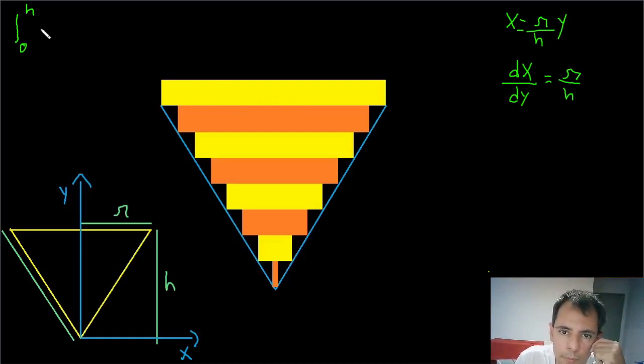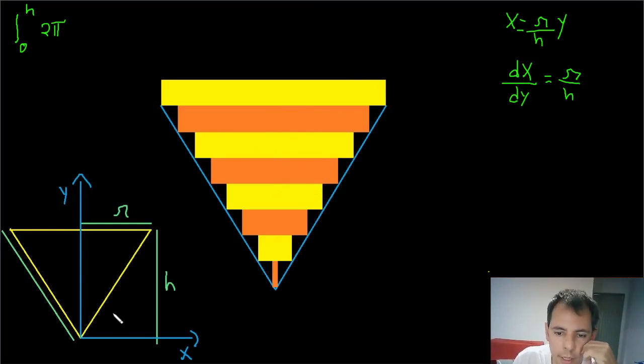It's 2 pi r, but it's not this r, because this r here, you already got it here, okay? It's the r for the particular ring that you are, where you're at, for the particular height in here. So the r in here is going to be this length, the r in here is going to be this length, the r in here is going to be this length, so the r is going to change, okay?